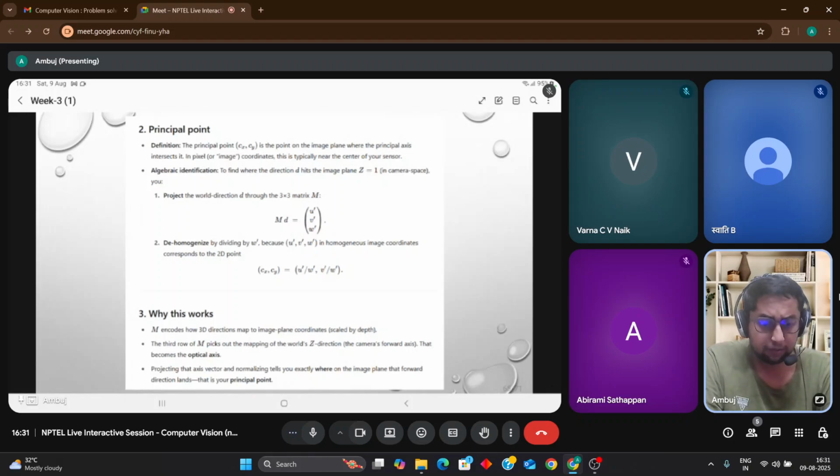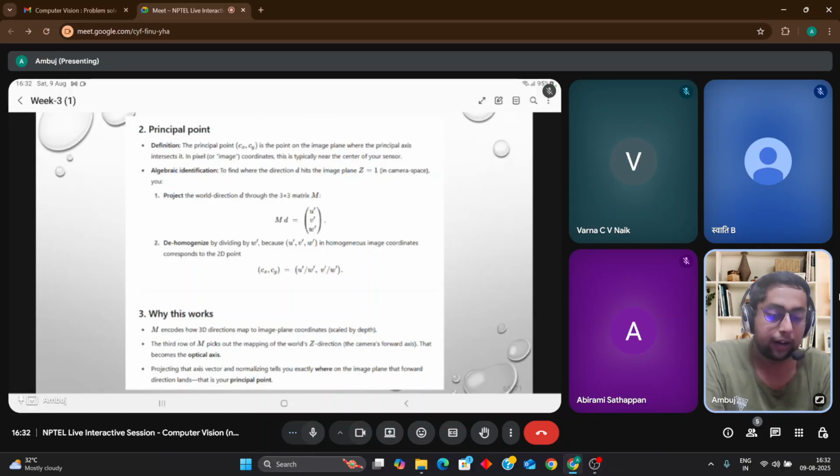For algebraic identification, you need to find the direction D that hits the image plane Z equal to 1. If you project M into D, you get (U', V', W'), and the principal point you get as Cx = U' over W' and Cy = V' over W'. Why does this work? Because M encodes how 3D directions map into image plane coordinates.